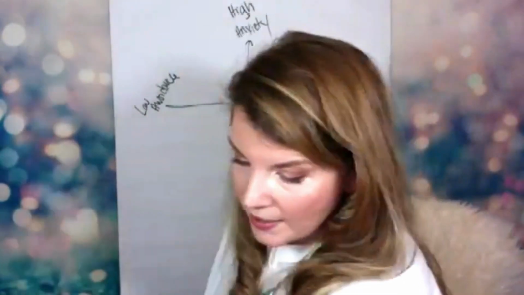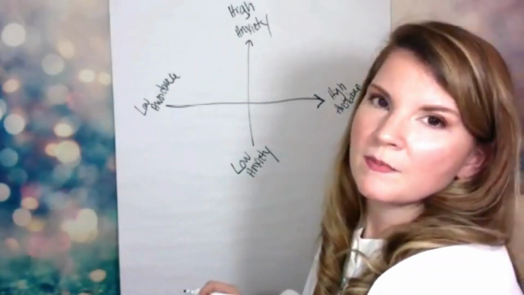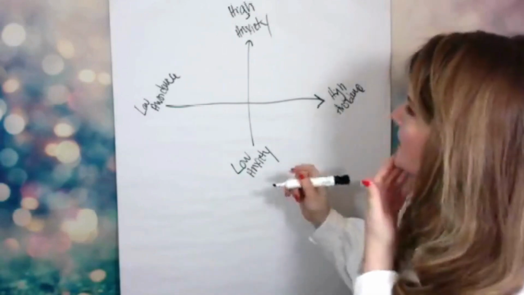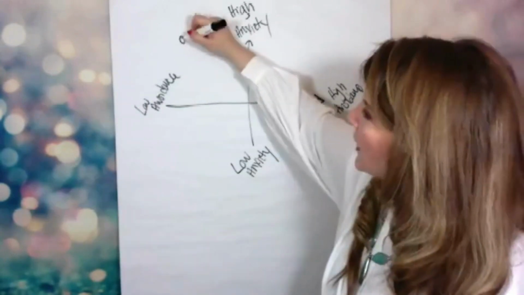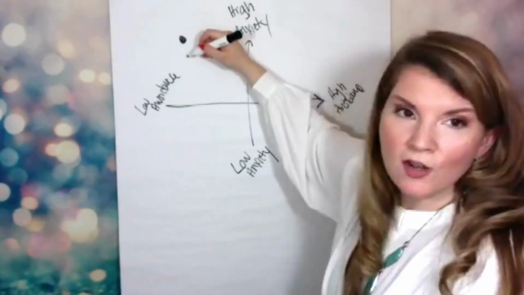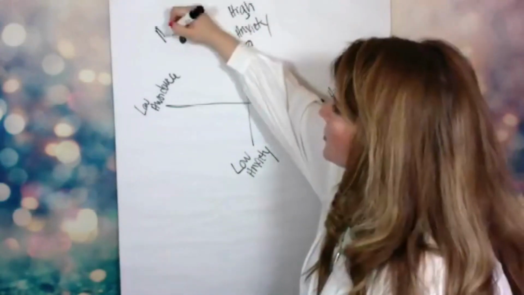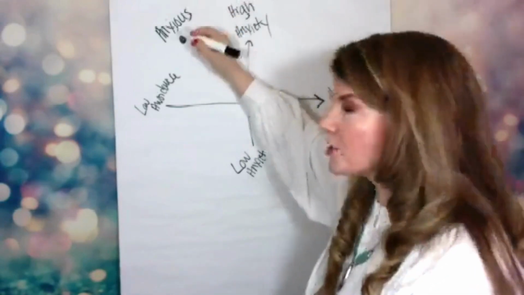Okay, so I'm going to move so you can see this better. I would like you to try to imagine conceptualizing these things in this way. If you're someone who has high anxiety but low avoidance, I like to call these folks open hearts because they tend to wear their heart on their sleeve, but you're more anxious, okay? Anxious preoccupied, anxious ambivalent.